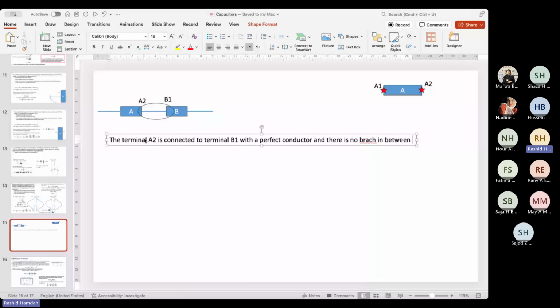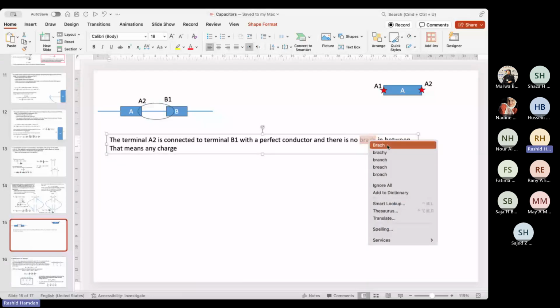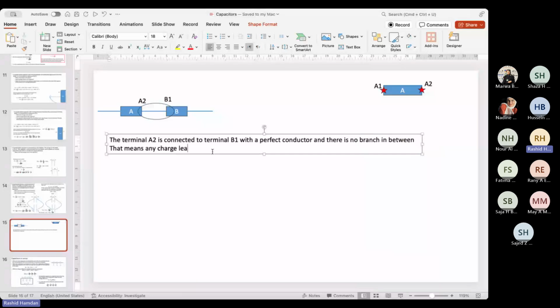That means any charge leaving A2 can only go to B1 and vice versa, of course.